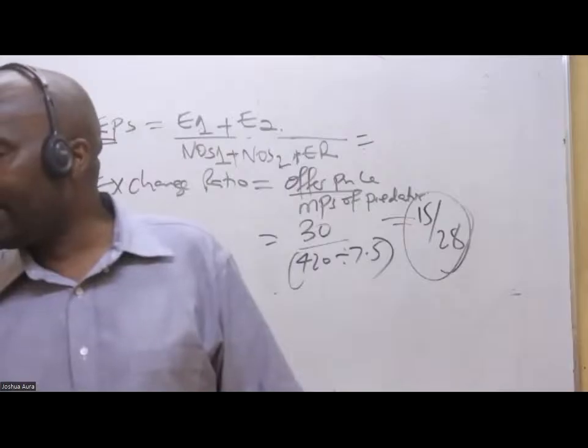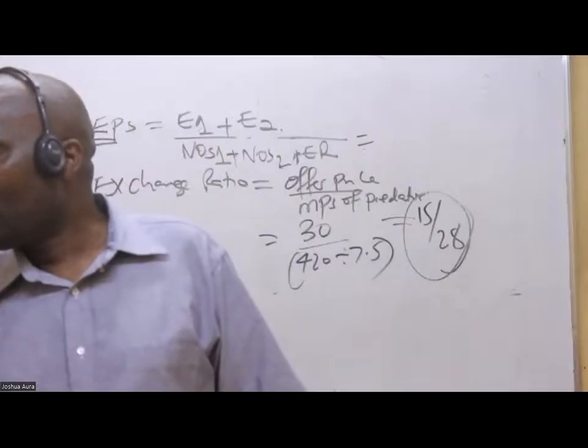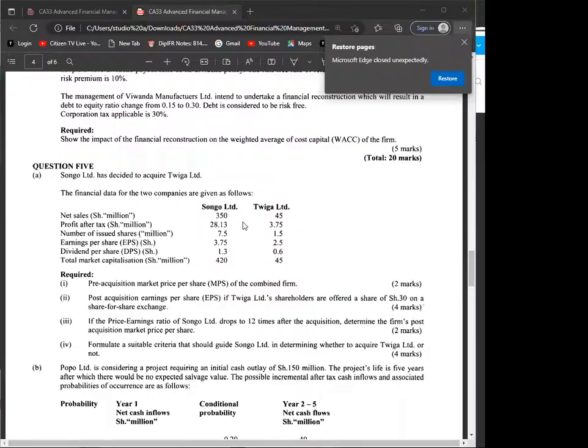Songo's profit after tax, what did you say it is? 28.13, plus the profit after tax of Twiga, which is 3.75, all over the number of ordinary shares of Songo, 7.5, plus the number of ordinary shares of Twiga, 1.5, times 15 over 28.